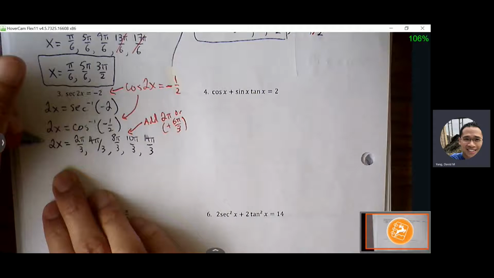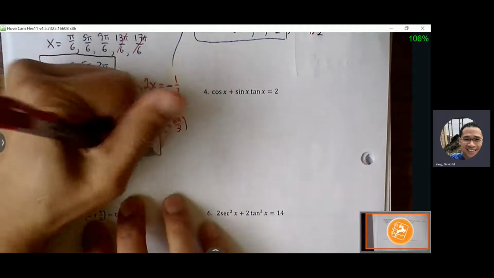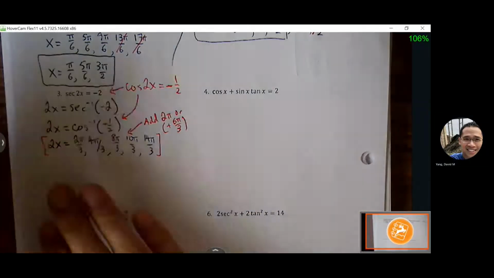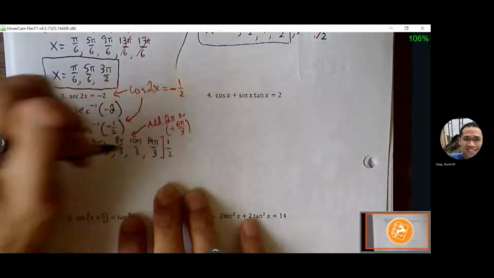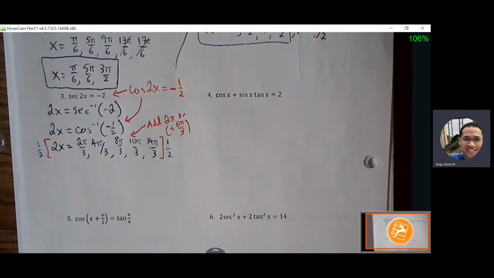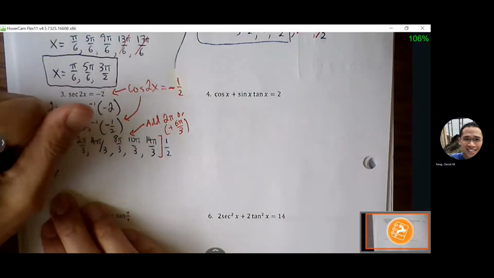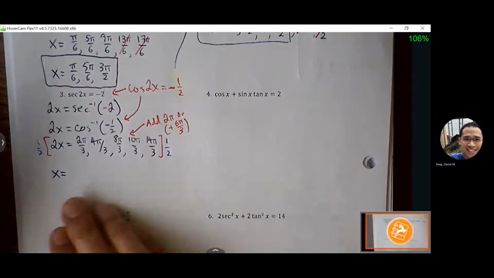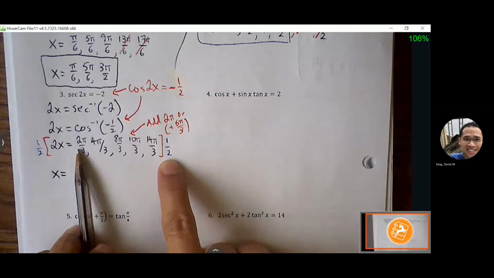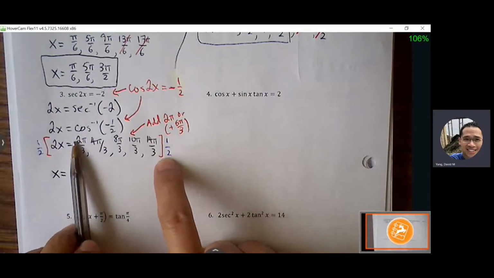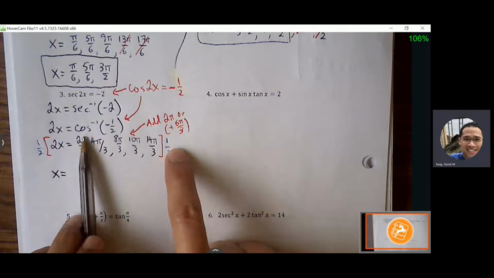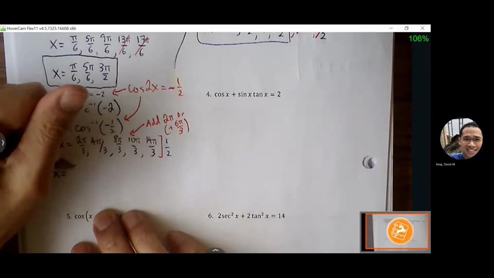Okay, let's move the 2 over. I can multiply, or I see the numerator and denominator can just reduce, save me an extra step here. So pi over 3.